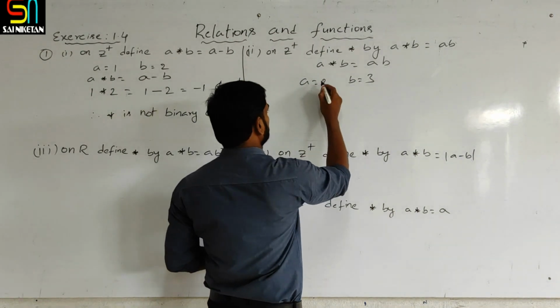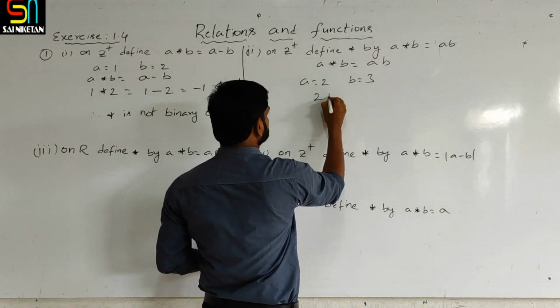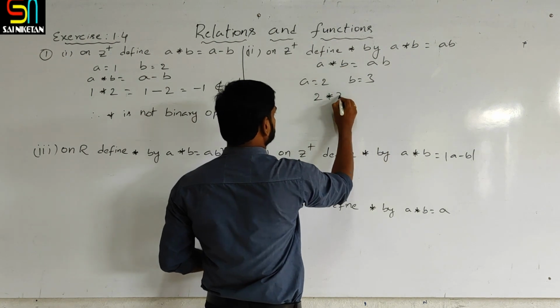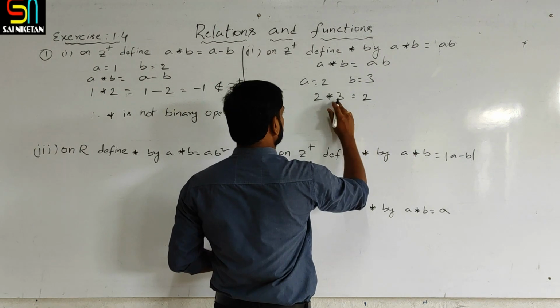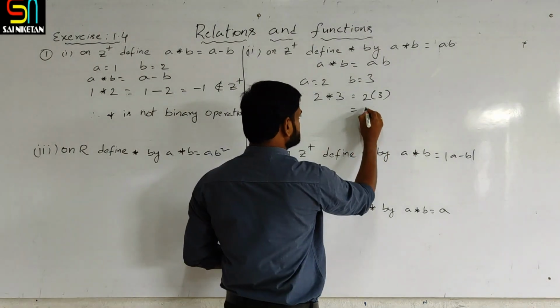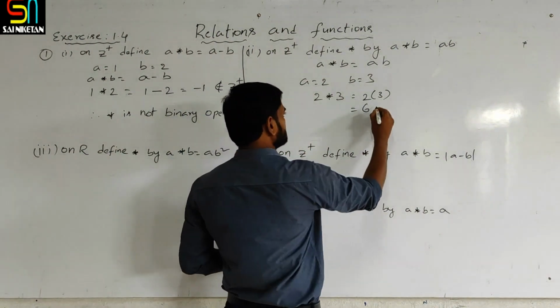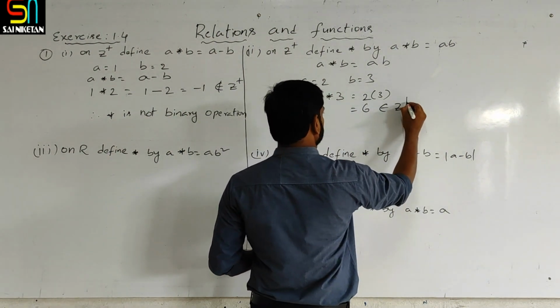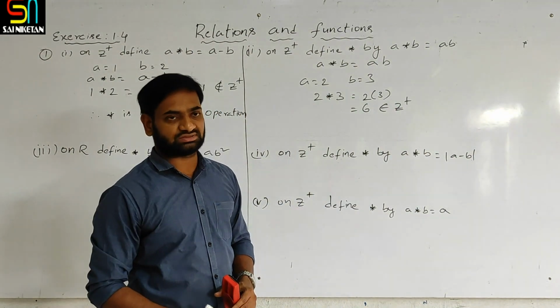Now here, apply the operation. A star B, it is 2 star 3. Substitute A as 2, B as 3. 2 into 3, the answer is 6. Now does this 6 belong to Z plus or not? This belongs to positive integers, Z plus.